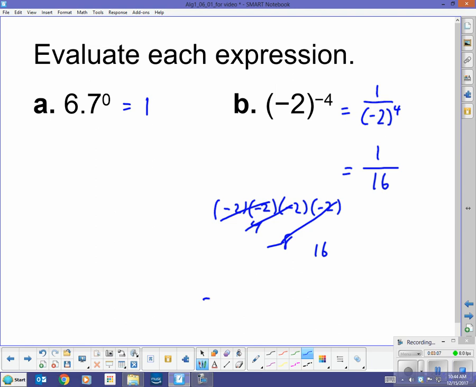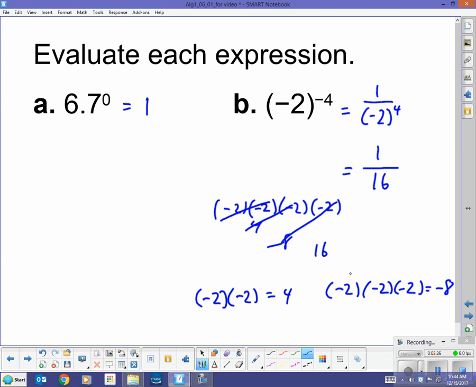Okay, so negative 2 times negative 2, that's negative 2 squared, that's 4. But negative 2 to the 3rd power would be 2 times 2 is 4 times 2 is 8, so negative 8.